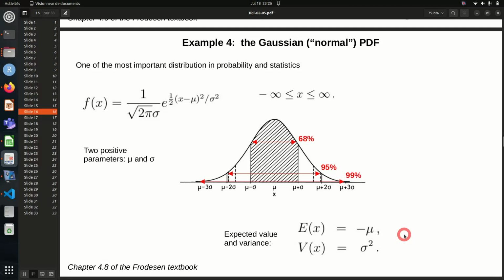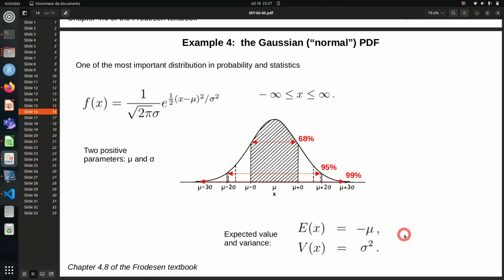The last PDF I'm going to introduce you is the so-called Gaussian or normal PDF. It's named Gaussian after a German mathematician called Gauss. Whatever you may have studied, if you have touched some mathematics, you must have heard about a Gauss theorem in whatever realm.